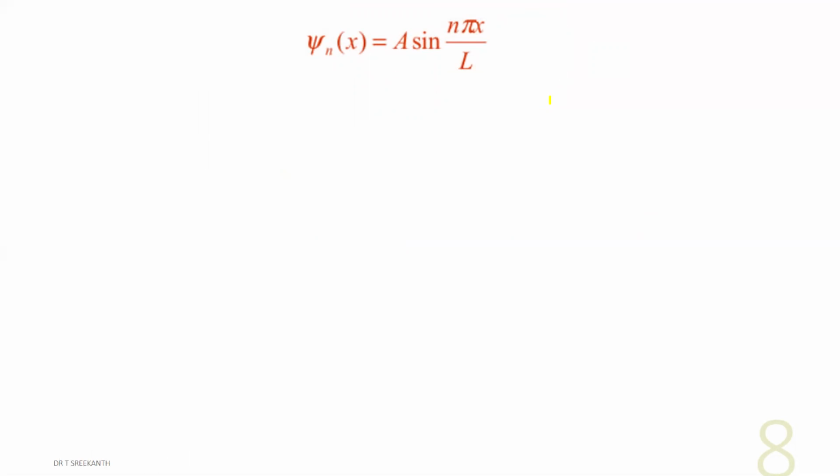Now we have the psi value. Psi of x is equal to A sin n pi x by L. Now we have to identify the capital A value. For that purpose, we are using the normalized wave equation, that is the integral from minus infinity to plus infinity of mod psi of x whole square dx is equal to 1.